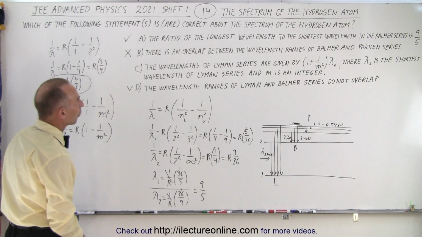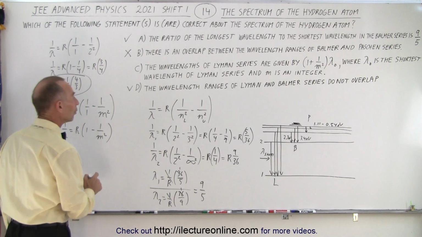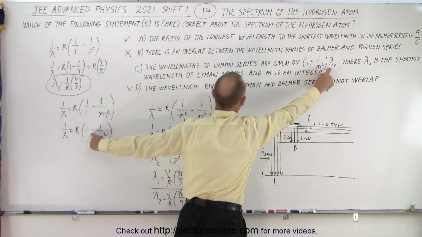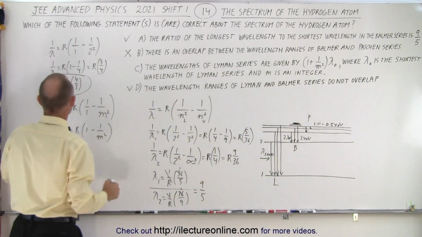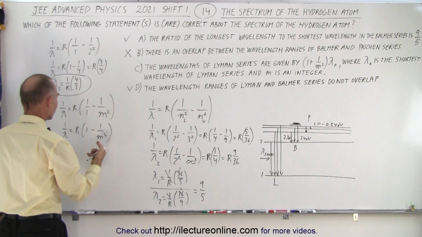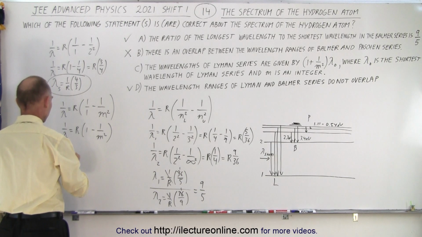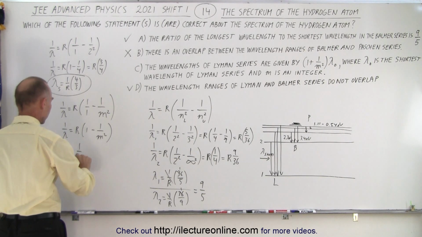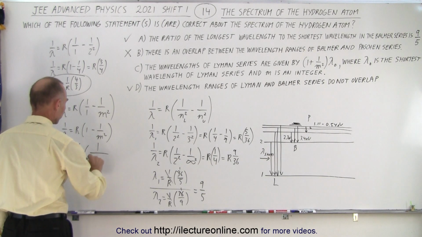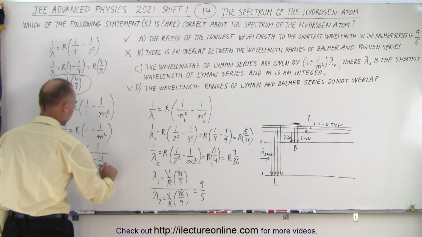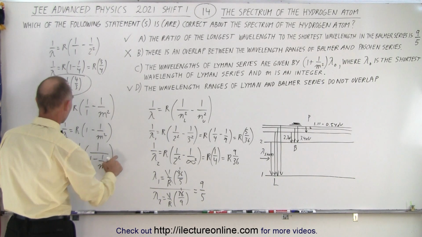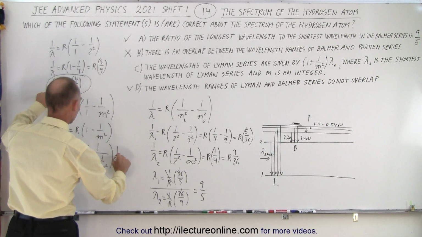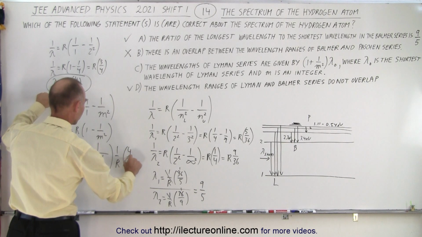Lambda, of course, is going to be 1 over R times 4/3 for the shortest. If you take the inverse of that, we get lambda is equal to 1 over R times 1 over 1 minus 1 over m squared, times the shortest wavelength, which would be 1 over R times 4/3.